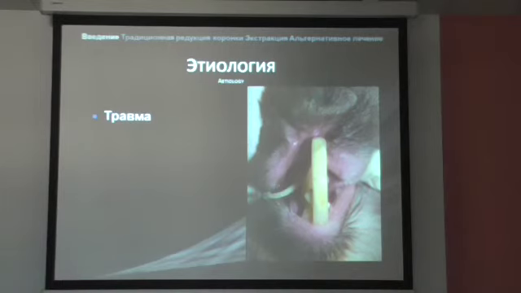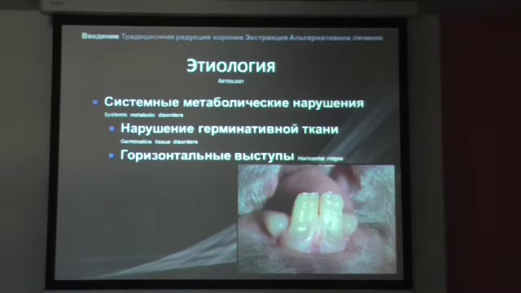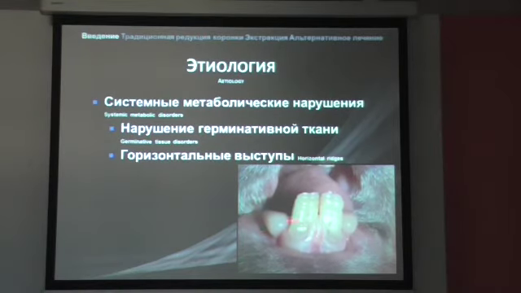For sure sometimes we see some traumatic problems, but it's quite rare. And again, this is huge malocclusion because of premolar and molar elongation. It could even be metabolic bone disease, as you can see these horizontal ridges.